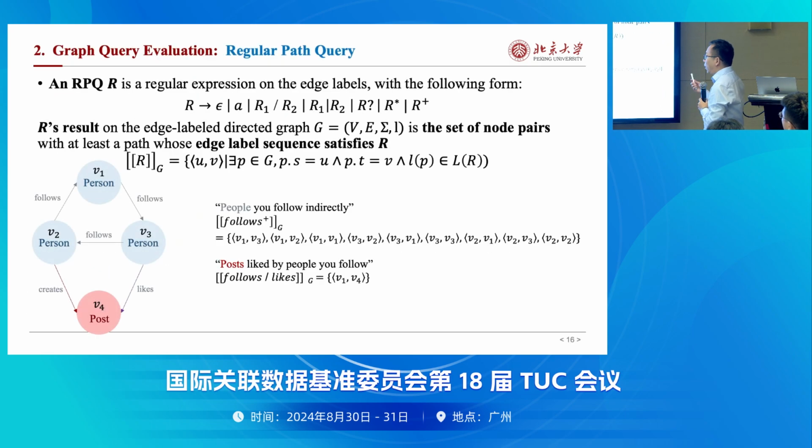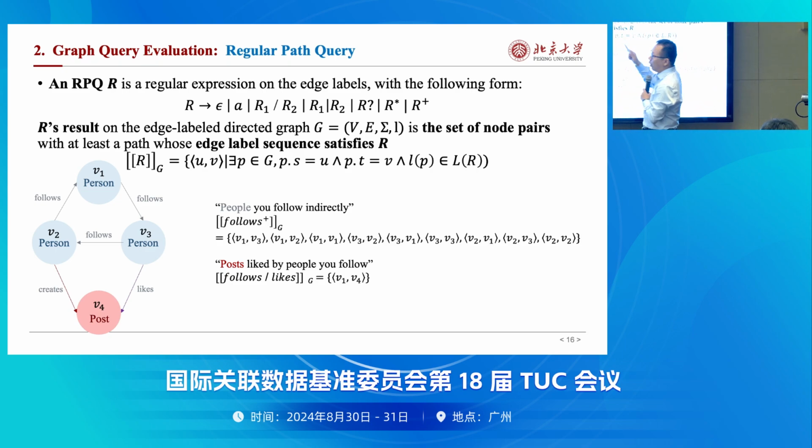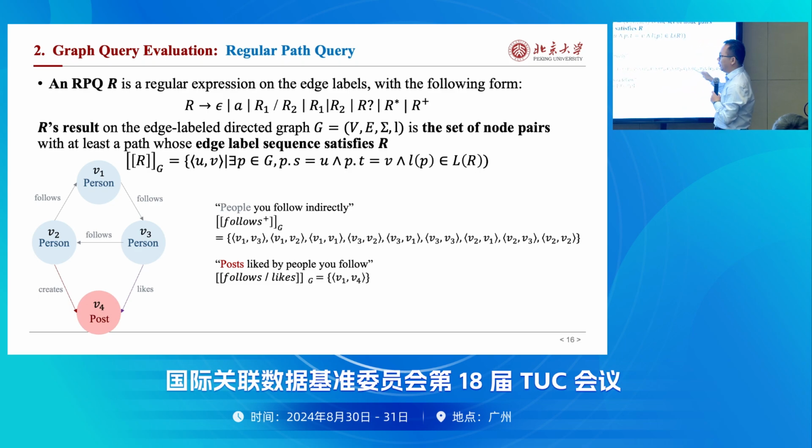Okay, so let's talk about the second query construct, the regular path query. For a regular path query, given a regular expression R, we try to find a set of node pairs that are connected by a path, where the edge labels along the path satisfy the regular expression. For example, to find the people you follow directly and indirectly, you can write down this regular path query, and you can find these node pairs in this example.